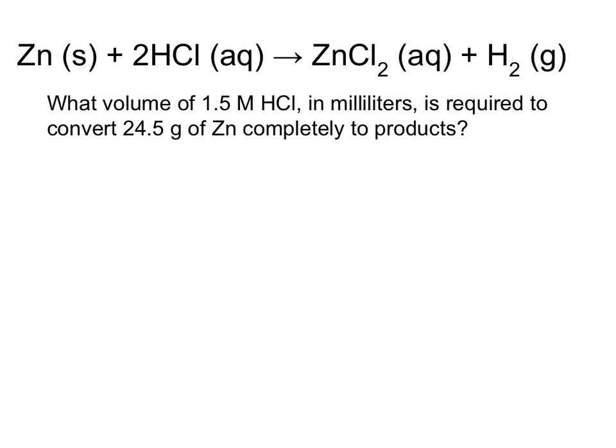Here, our starting information is our 24.5 grams of zinc. The first thing we want to do is convert that over to moles of zinc, because that will allow us to then compare it to the HCl. So we use our molar mass of zinc from the periodic table.